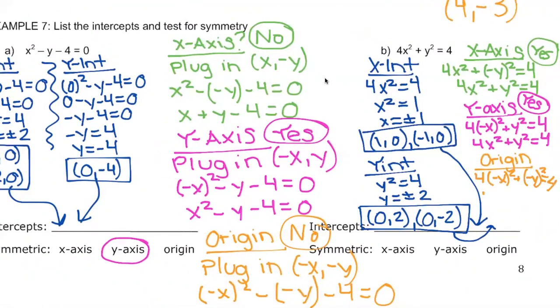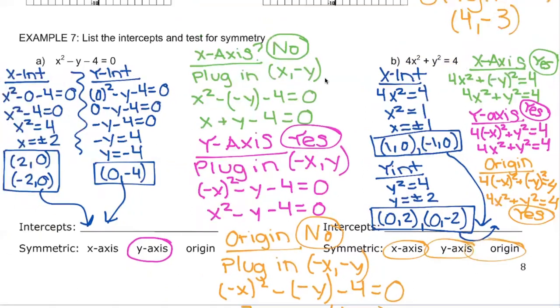Negative x squared ends up being positive. Negative y squared will end up being positive. So once again, we're checking, is my simplified answer the same as my original equation? And the answer is yes, it is. So this one happens to be symmetric among all of them. So you can go ahead and circle all the parts.